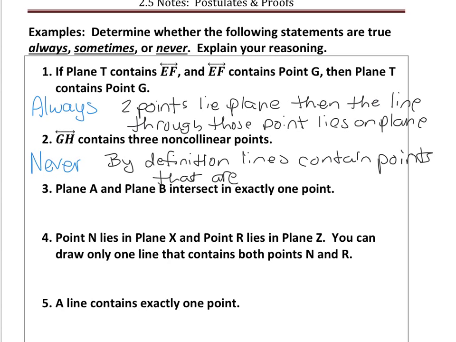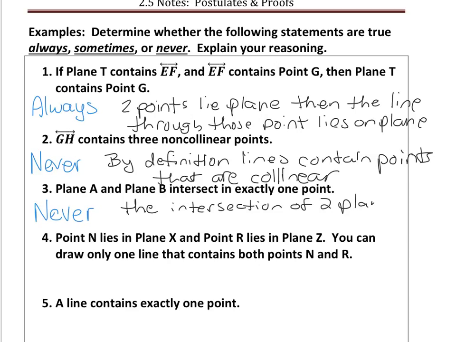Okay, number three. Plane A and plane B intersect in exactly 1 point. That would also be never. The intersection of 2 planes is a line, not ever a point. Always a line.